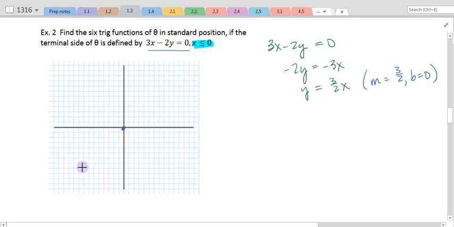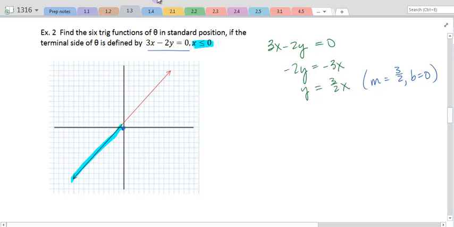Let me rephrase that. I'm only interested in the portion of the line where my x values are less than 0. So I'm only interested in the portion of the line that's down here.